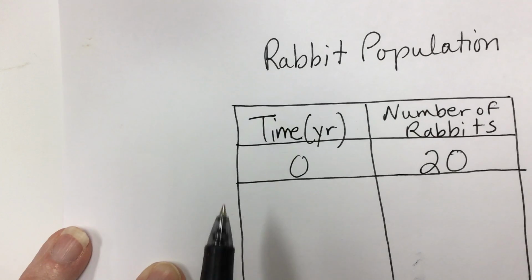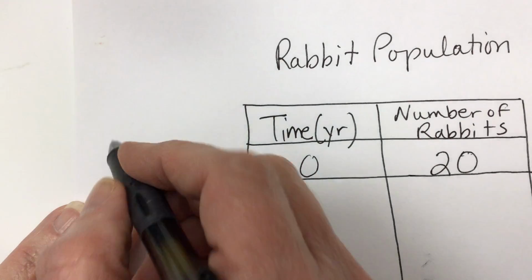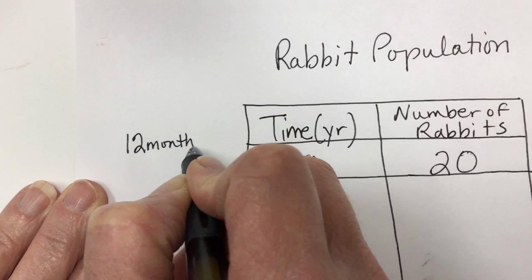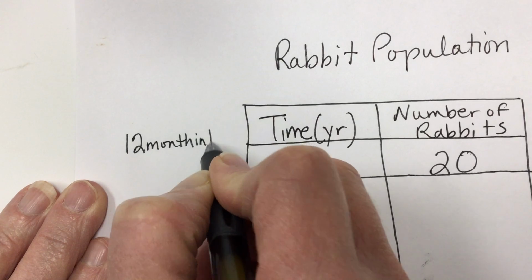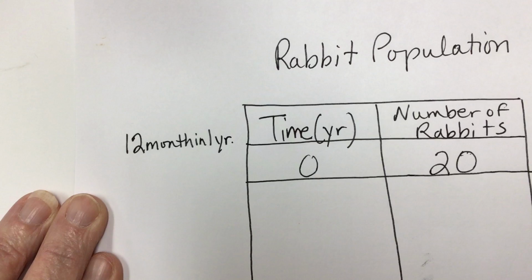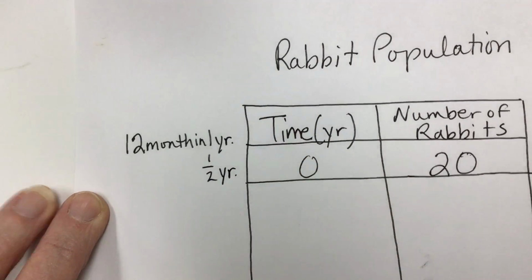Now, how do we relate months and years? Well, there's 12 months in 1 year. So how many months would be in a half a year? Because that's what our problem told us.